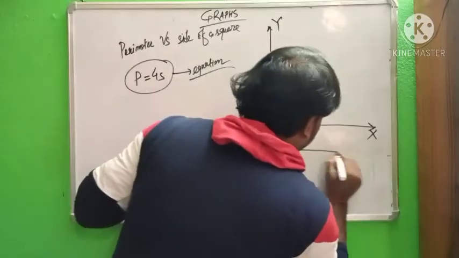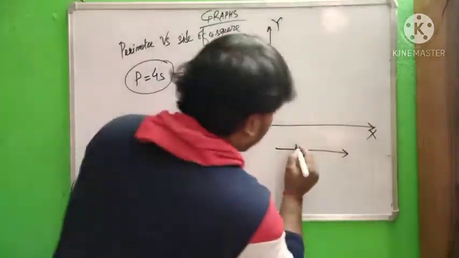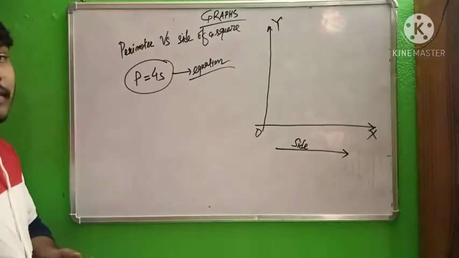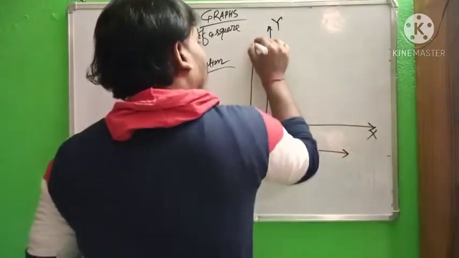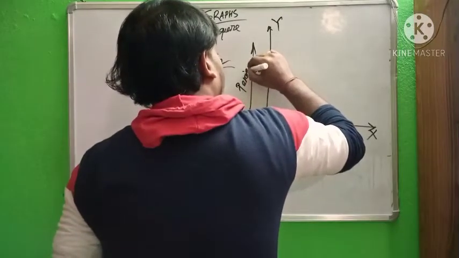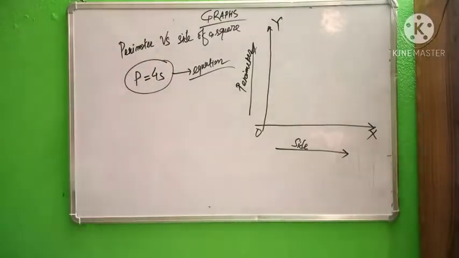Okay, so here there are two variables. One variable we have to take along the x-axis. So along the x-axis we take the side of a square, and along the y-axis we take the perimeter of the square.